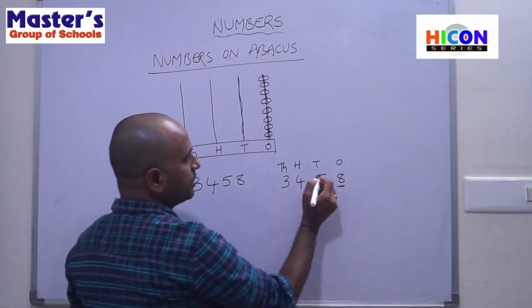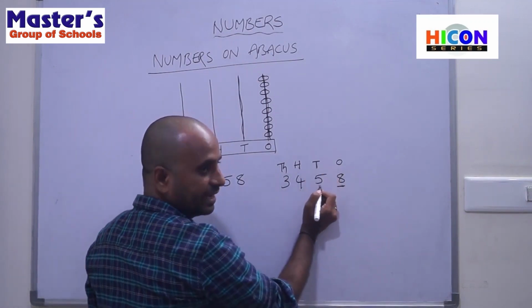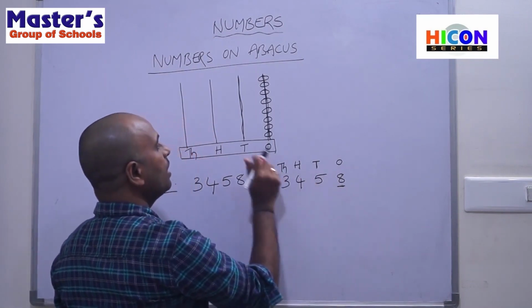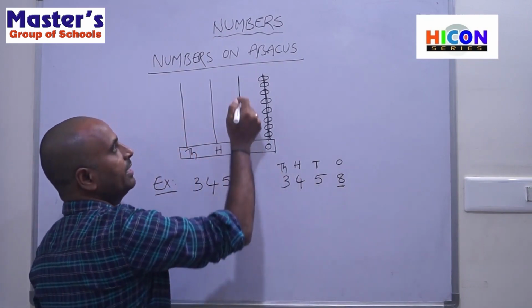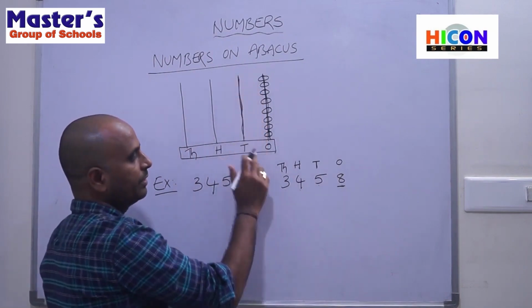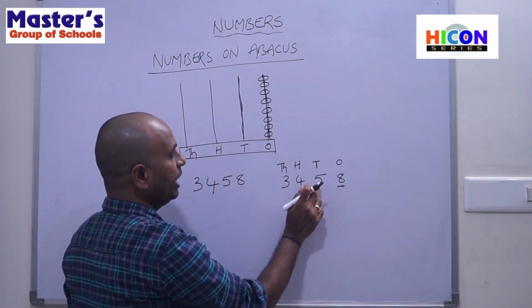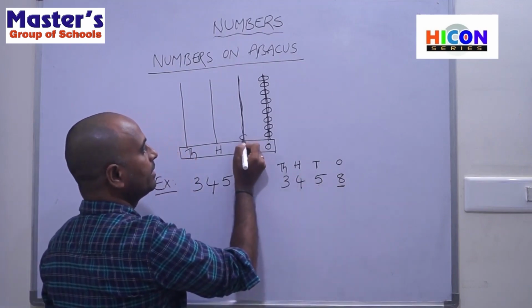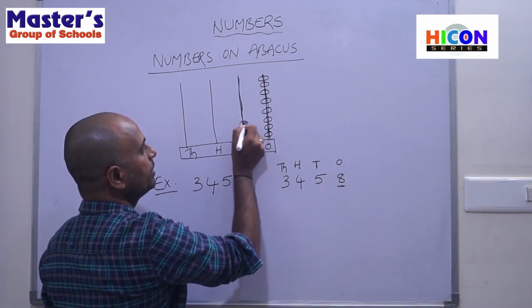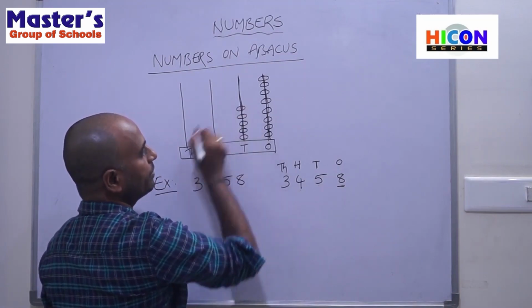Next, 5 is present in tens place. So we have to draw 5 beads on tens place stick. Here the second stick is tens place stick. We have to draw 5 beads on it. 1, 2, 3, 4, 5.